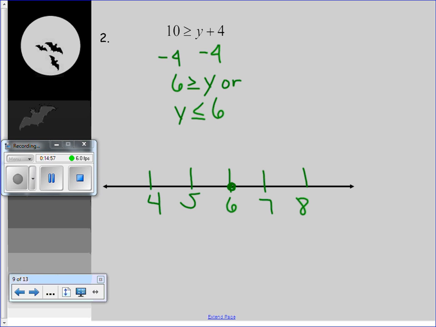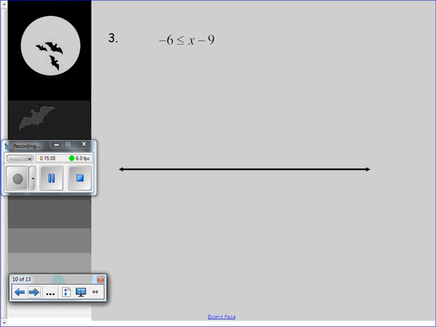I'm including the 6 because y is less than or equal to 6 includes the 6 in this inequality.